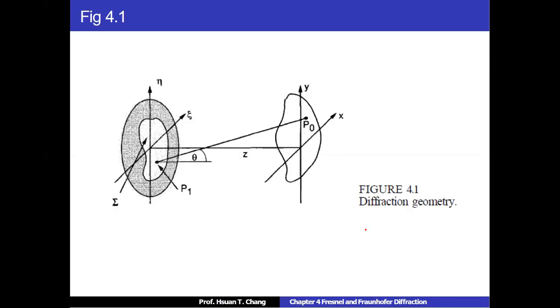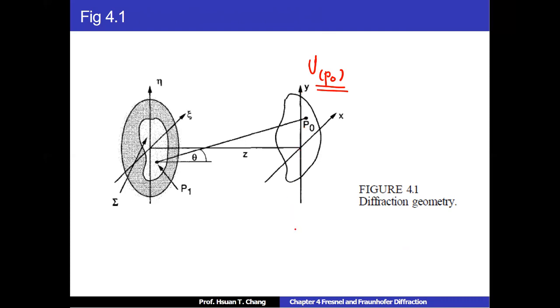Okay, so now what we would like to know here is U(P0). This is what we want to know at this point.